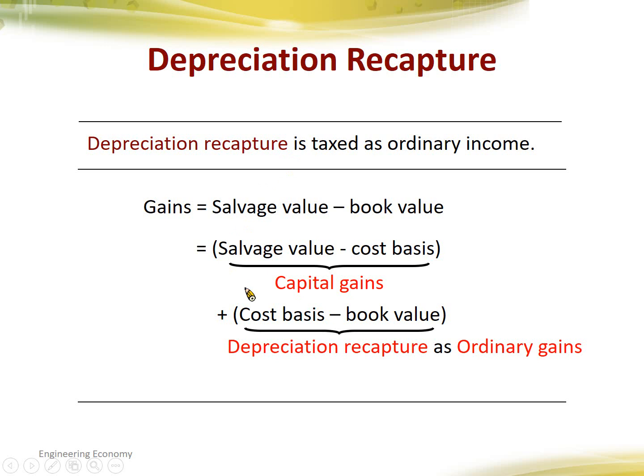Book value means that every year we will depreciate a certain amount, and at a certain point, if we dispose of the asset, we'll get the salvage value. And the sale could be higher or lower than the book value. The salvage could be much higher, a little bit higher, or lower than the book value.